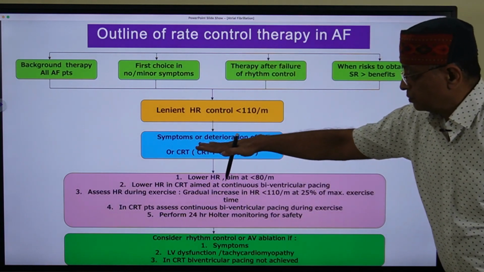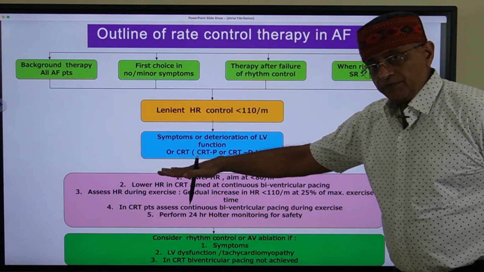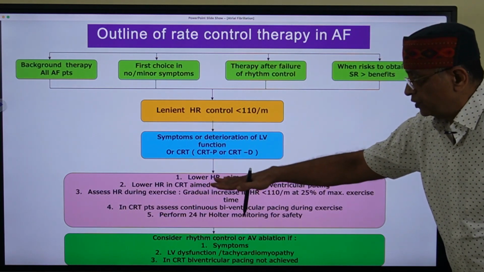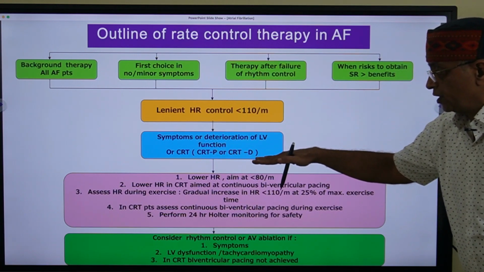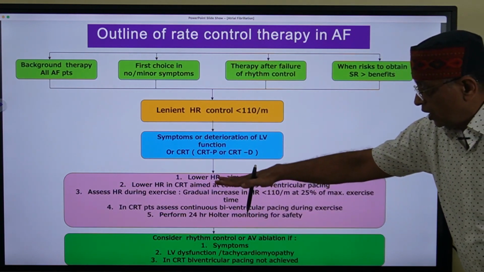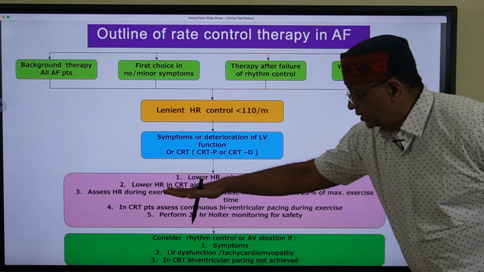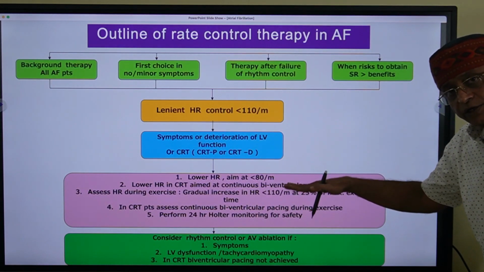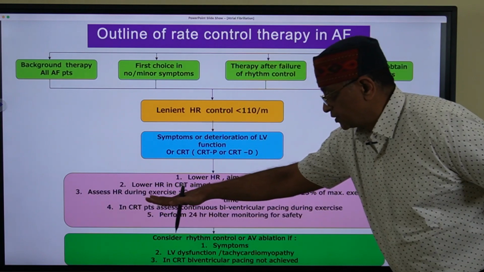If there are symptoms or deterioration of LV function, or CRT, then even with cardiac resynchronization therapy, CRT-P or CRT-D, if the patient still has symptoms, then try to lower the heart rate, aimed at continuous biventricular pacing, and assess heart rate during exercise.